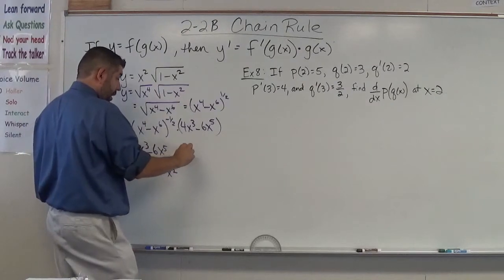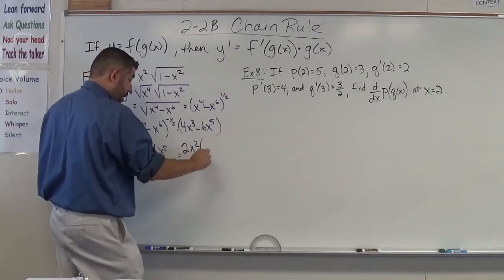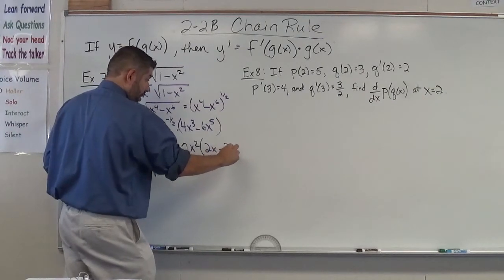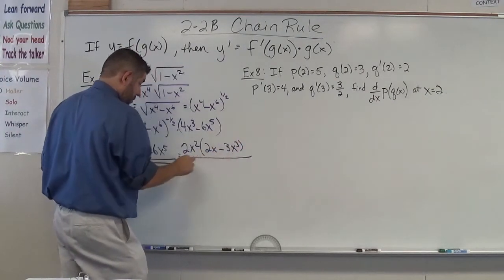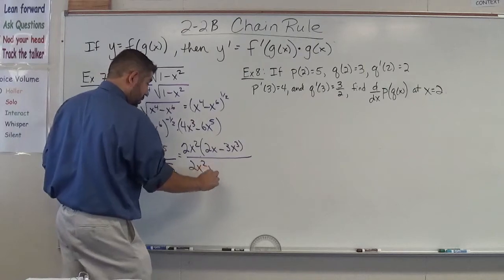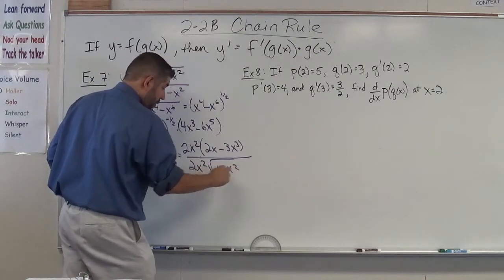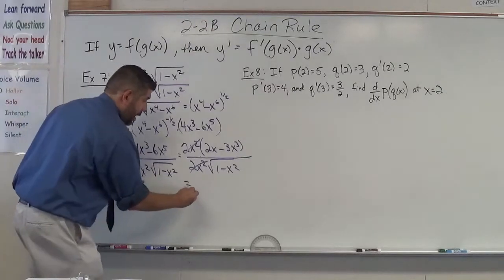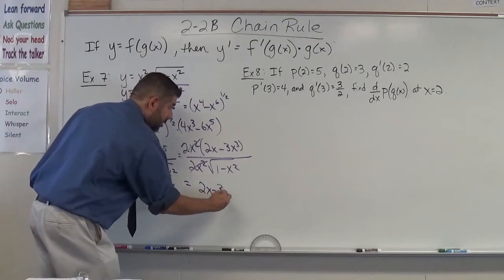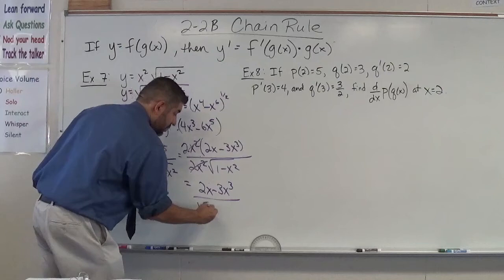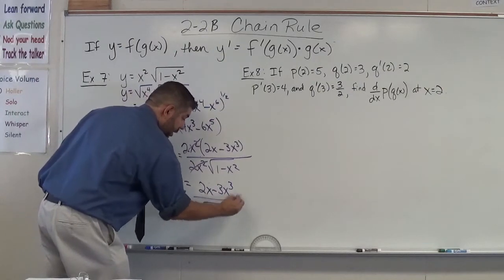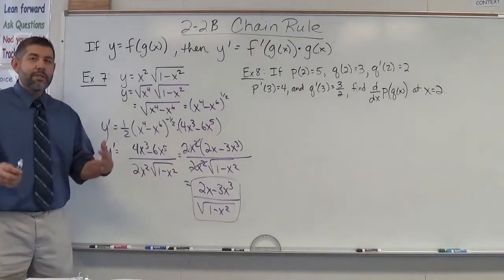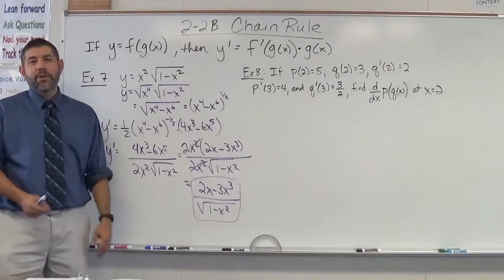So I have a 2x squared I can factor out, leaves me with 2x minus 3x cubed over 2x squared, square root of 1 minus x squared, and voila, those cancel out, and I end up with 2x minus 3x cubed all over the square root of 1 minus x squared. So this is for those of you that have professors or teachers that want you to simplify. Here's some crazy simplifying for you.